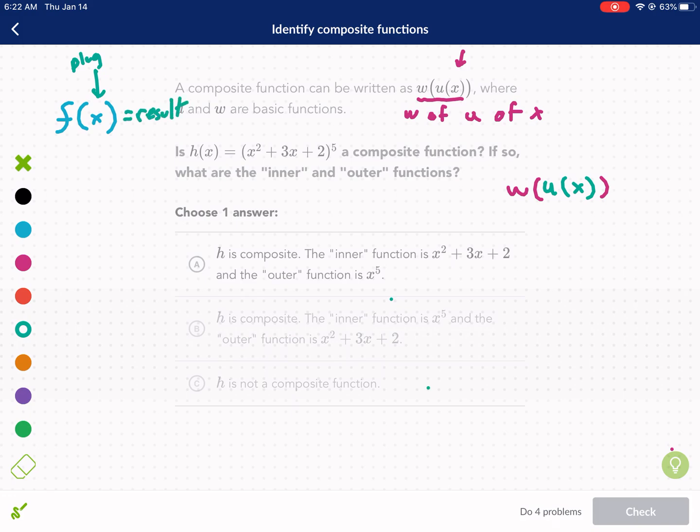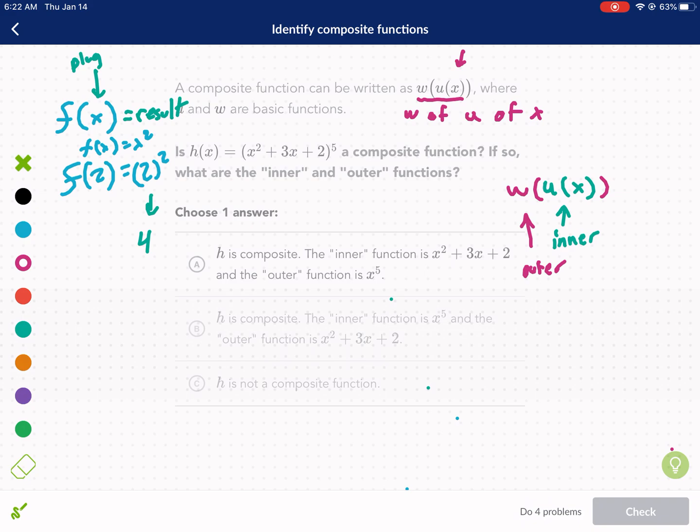So for example, f of 2, if you plug that into the function x squared, you'd plug in 2 for x, and then you'd get your result, which would be 4. Now what we're saying is you have to do it again, because this is the inner function. You get your result, and then you plug it into the outer function. So this is just identifying which one is the inner and which one is the outer.